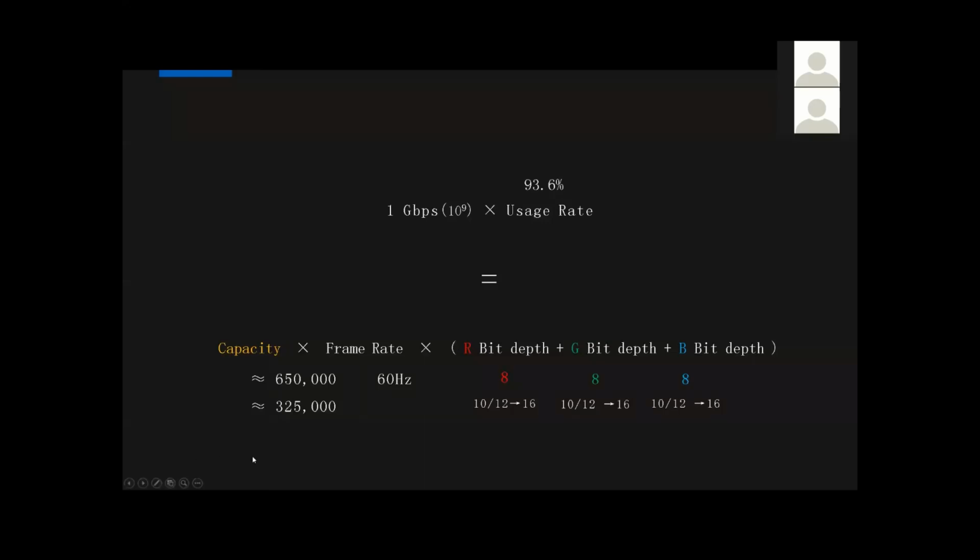The reason is, once it goes up to 10 or 12-bit, the system's internal algorithm considers it a second byte. So we know 8-bit is 1 byte. Once it goes to 10 or 12-bit, it's calculated by 2 bytes, which is 16 bits. So that's why the loading capacity will be half. But you don't need to understand why it is half. You just need to remember when your input is 10 or 12-bit color, the loading capacity will be half.